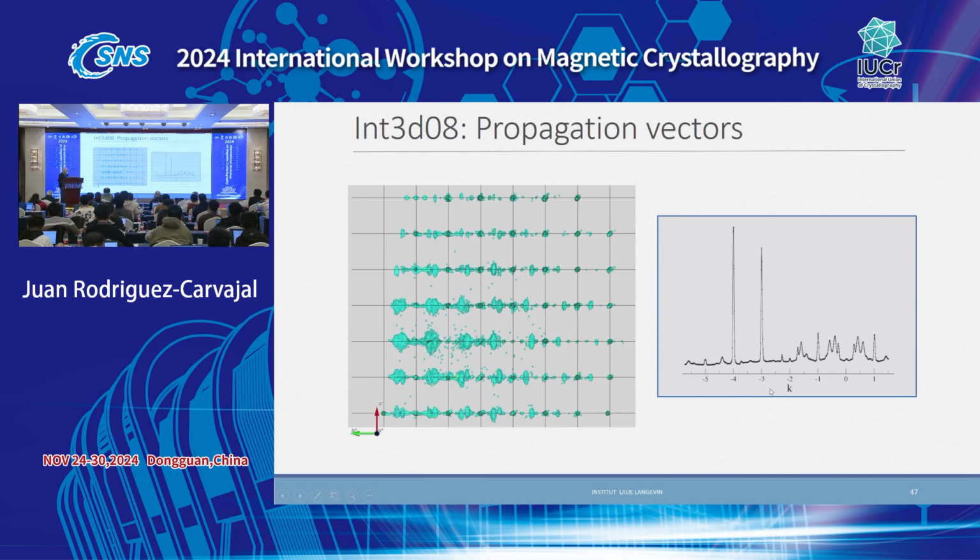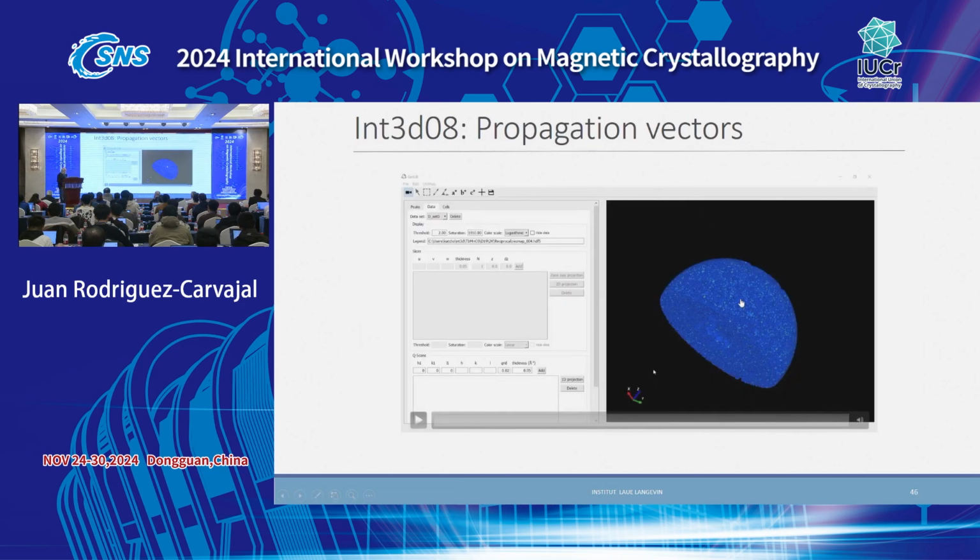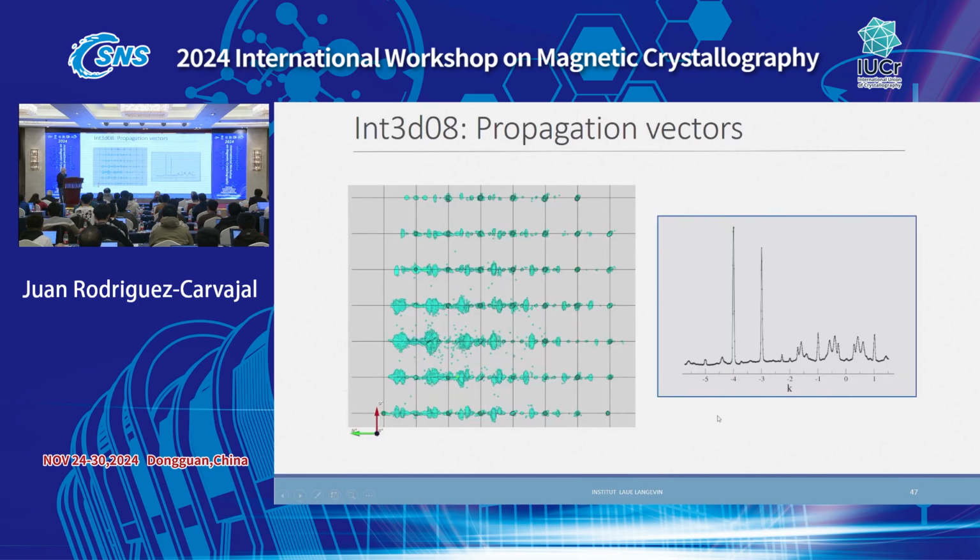Here you have the reciprocal lattice units K, and you see how the peaks are. Something interesting is that at the integer numbers you have sharp peaks, and the integer numbers correspond to the main nuclear reflections, but the other ones are peaks which are more or less sharp, depending on the different contributions.